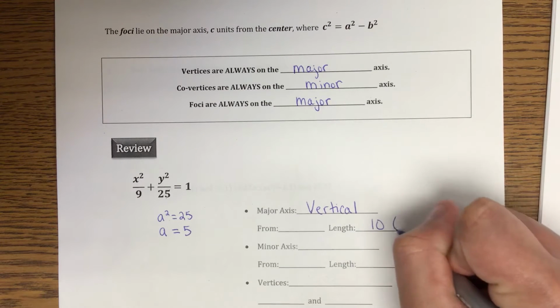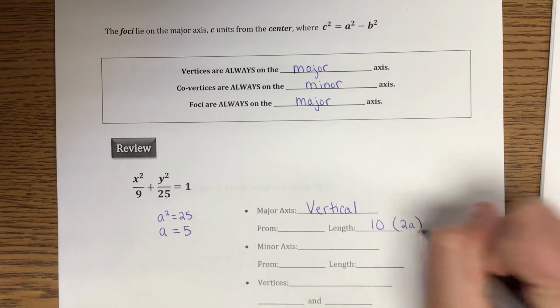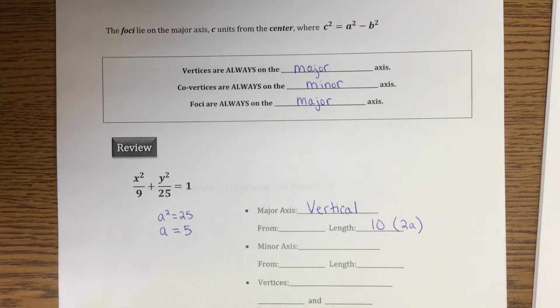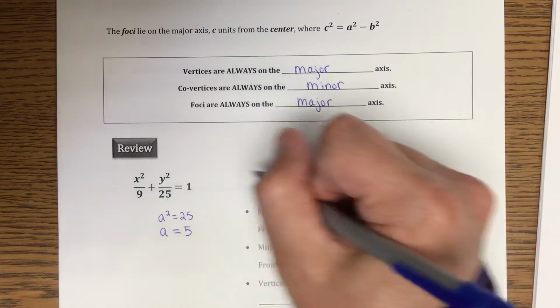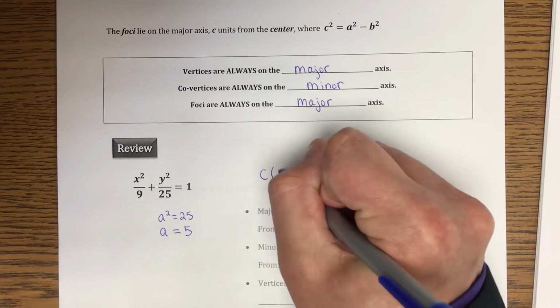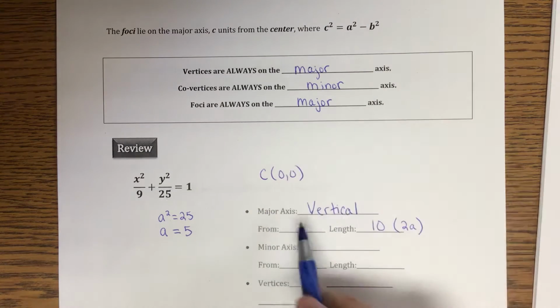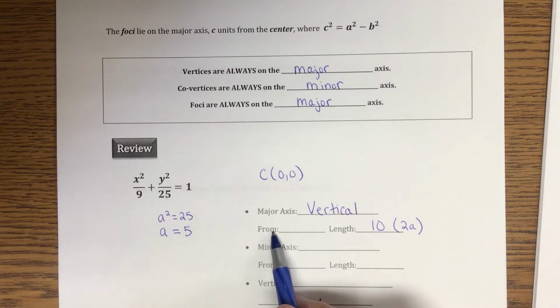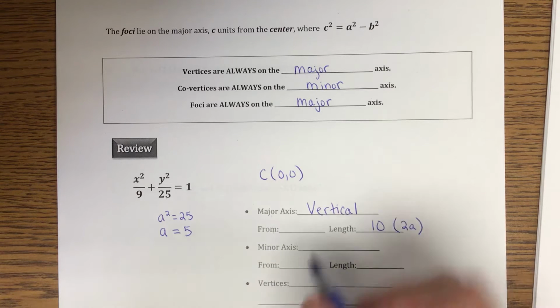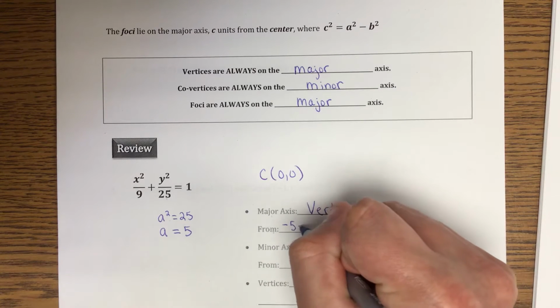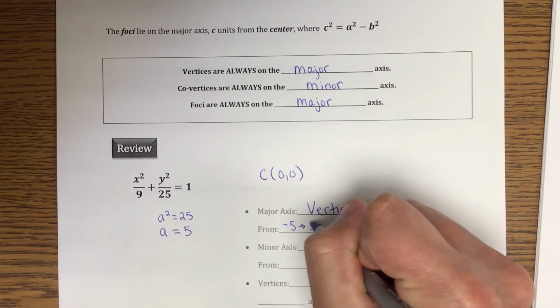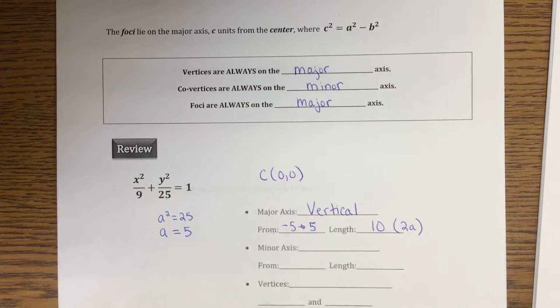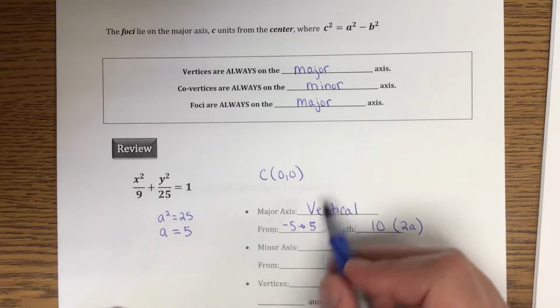It's always 2 times the a value. Now, since our ellipse is centered at the origin, this major axis will start at -5 and go to +5 on the y-axis, because it's vertical.